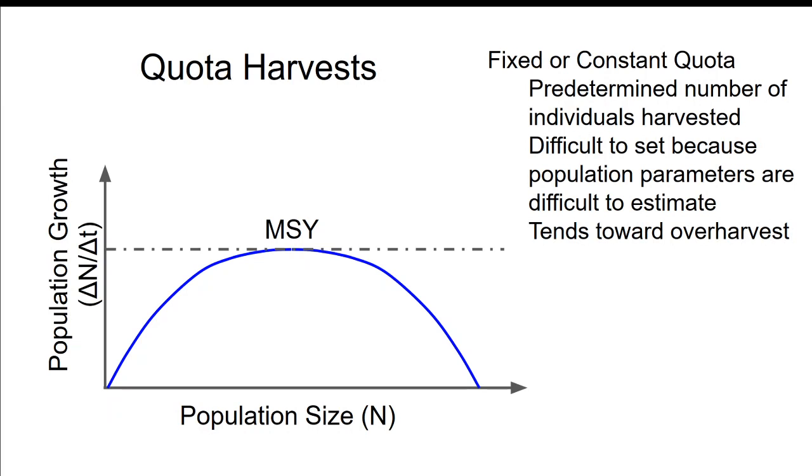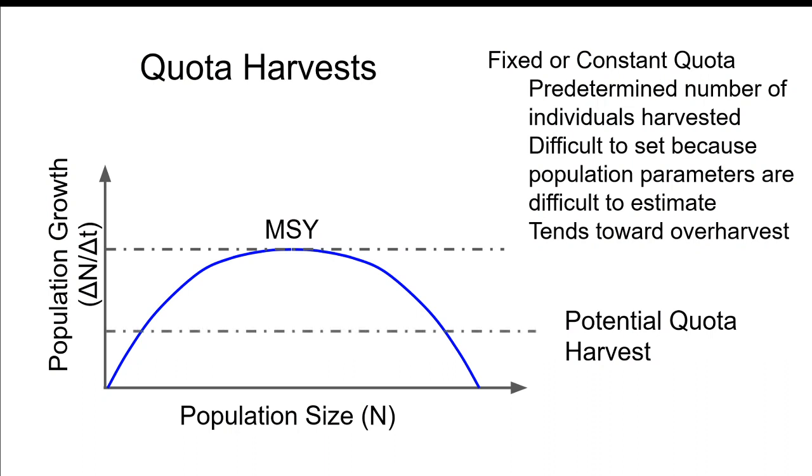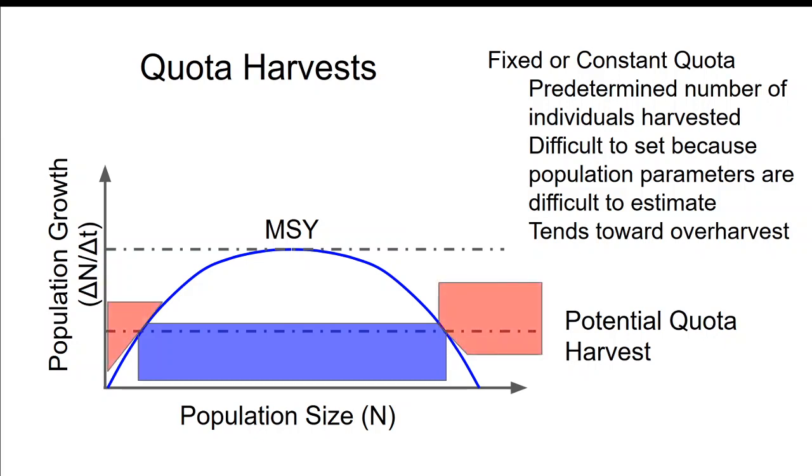And I want to illustrate that for a minute. So here's a low quota harvest, right here. As long as we stay underneath that curve, we're going to continue adding individuals to that population. If we go above that curve, we'll push the population back down when the population is large.